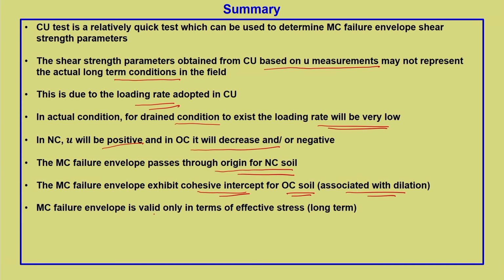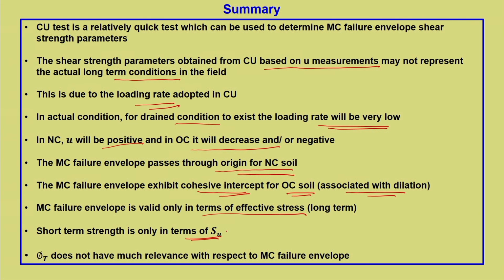The Mohr Coulomb failure envelope is valid only in terms of effective stress, which is long term. Short term strength is only in terms of Su. Probably you will hear this statement once more when we discuss the next interpretation, which is phi d, because I understand that it is very important to get clearly into your mind that in the undrained condition, the strength is mostly in terms of Su.